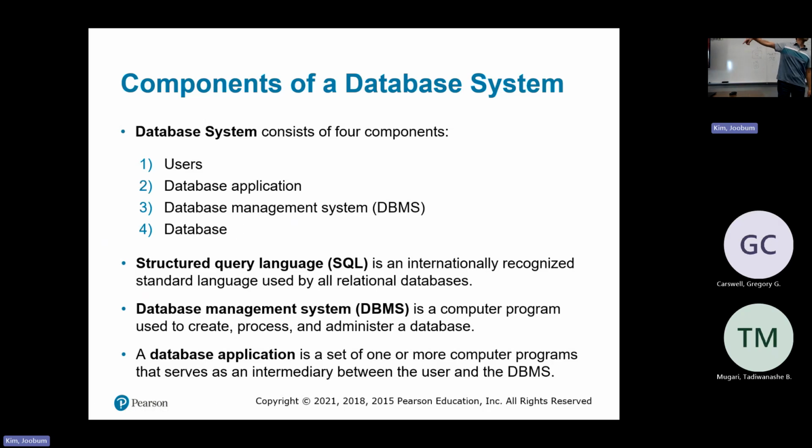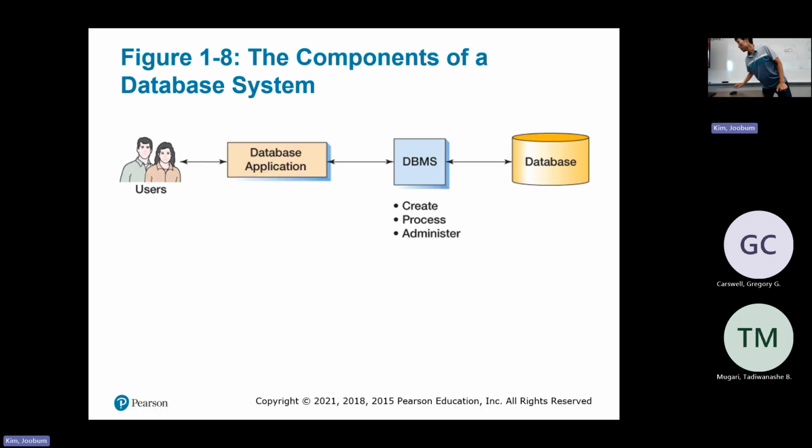So those are the main components of a database system. Make sense? And what is SQL? The Structured Query Language. Okay. The recognized standard language used by all relational databases. So the relationship between those four components is like that.